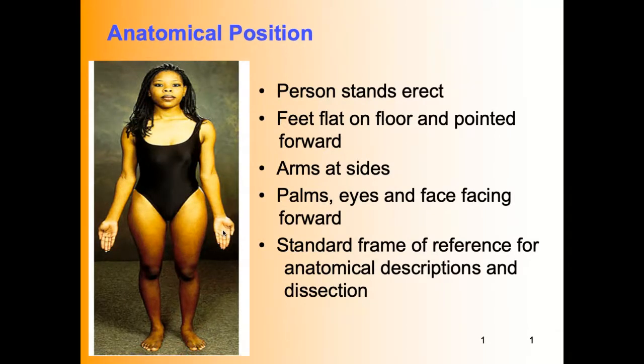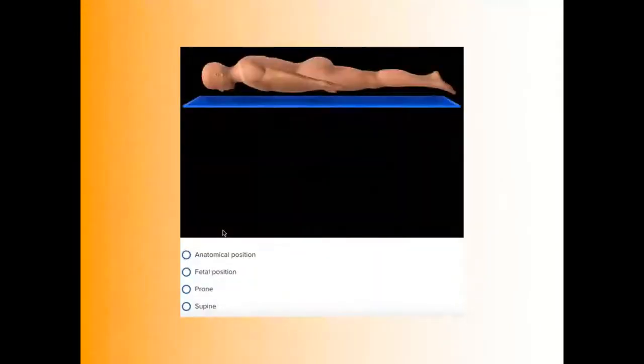And if your hands turn over like you're spilling the soup, then that's pronated, or prone to spilling the soup. It's a little visual. When you are facing down, we call that prone or pronated. If this person was facing up, we would say the person is supine or supinated.